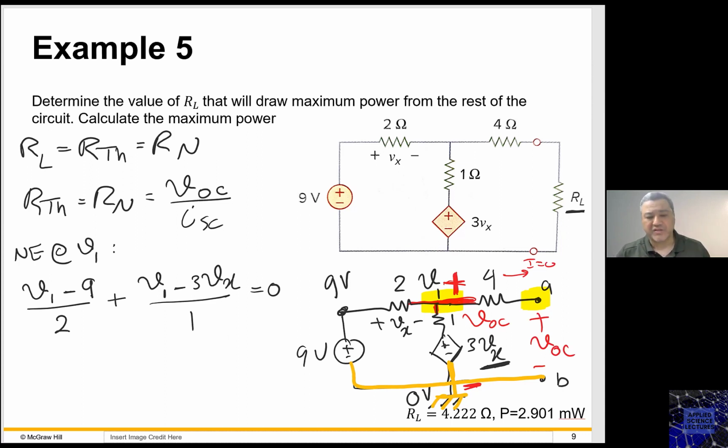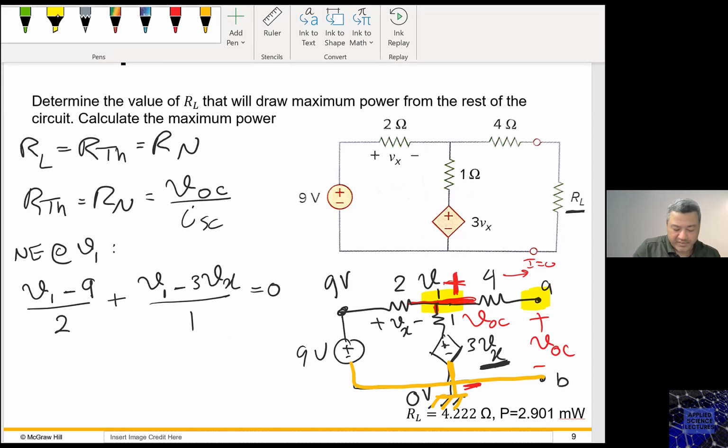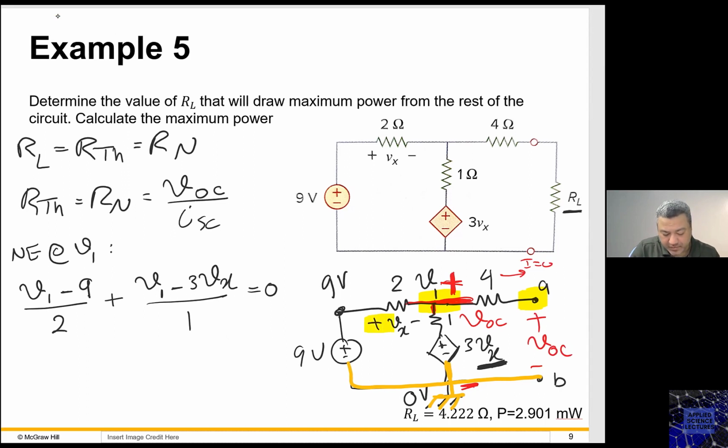So I need to find the relationship between this node voltage and my dependent source controlling parameter. In other words, I need to look in the circuit and see where I can find the relationship between this Vx and V1. Look, I will highlight it again. Where's Vx? Isn't this the controlling variable for the dependent source?